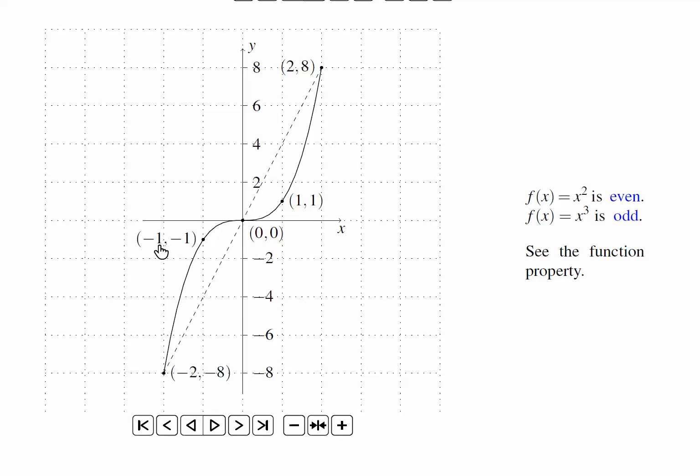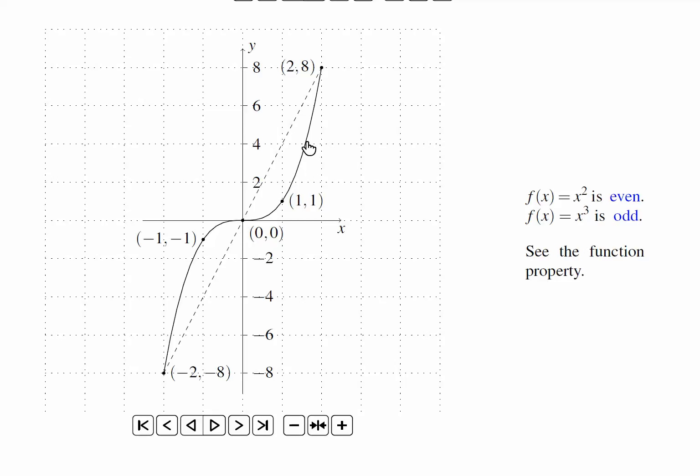Similarly for negative 1 and 1, 1. So again, positive 2, positive 8, then you will have a negative 2, negative 8. Negative 1, you have a positive 1, positive 1. When you connect those 2 points, they should go through the origin.